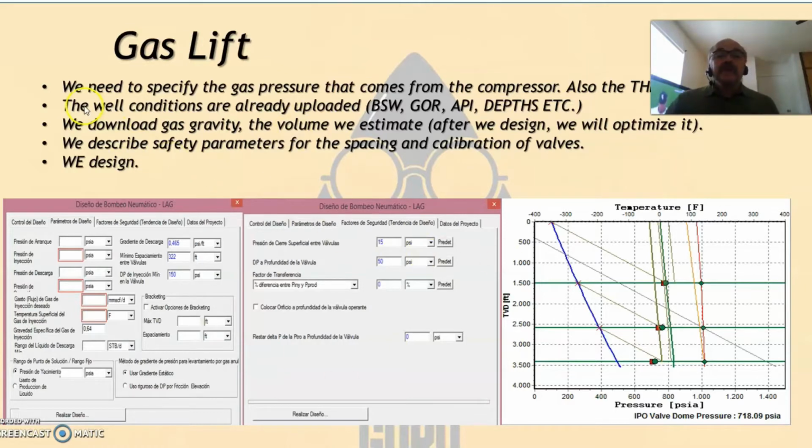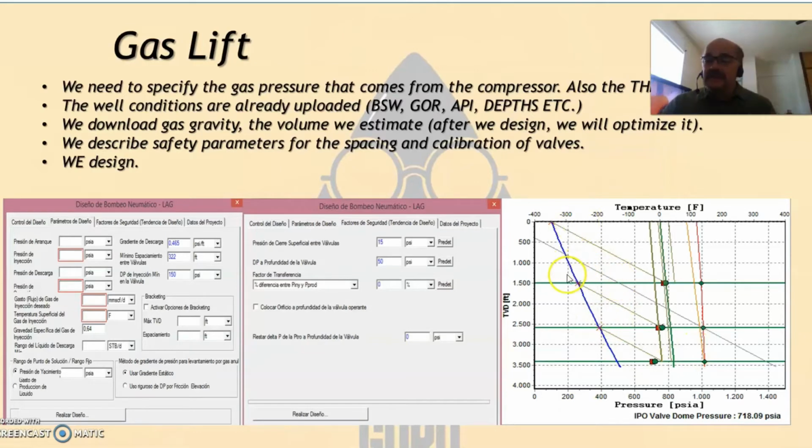If we're going to do it from scratch, in a field that we don't know much or with not very many wells, and we're deciding which system to install, the first thing we need to know is the compressor pressure, because I have been in fields and in countries where the compressor pressure is high enough that it's higher than the reservoir pressure.